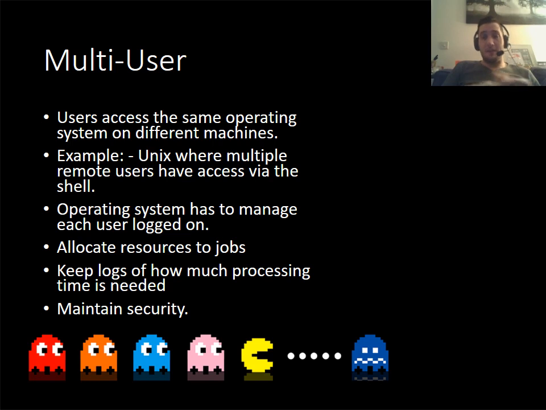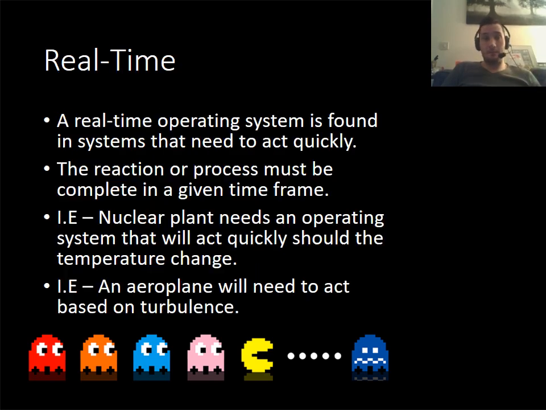This operating system needs to manage multiple users logged onto this machine, monitor and allocate all the resources and also keep logs. The really important thing with this type of operating system is that you need to maintain security, because if you've got multiple users, that's multiple access points where people could be doing stuff to your operating system. So that's one drawback you will need to think about in approaching your exam questions.